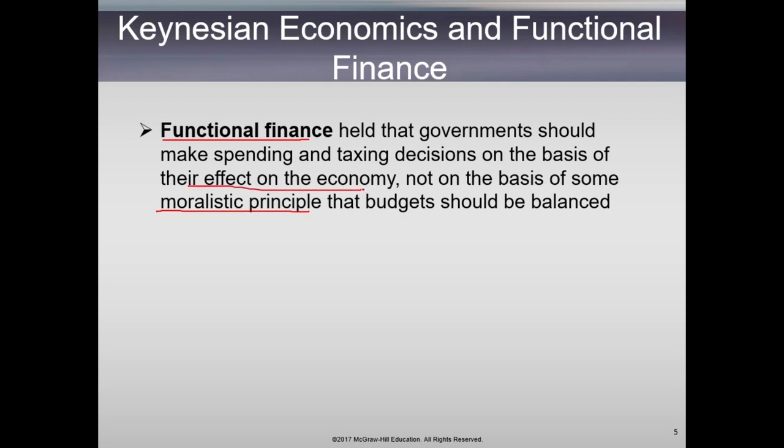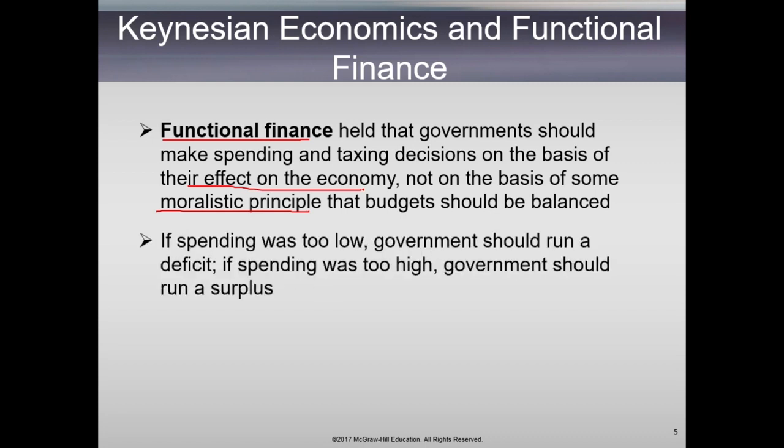So if the economy is operating below potential GDP, right, if the economy is in a recessionary gap, that's the way we've been putting it in this class, then the government should run a deficit in that situation. That's what's justified by the state of the economy. But neither Keynes nor those who promoted functional finance believed that you should always run a government budget deficit.